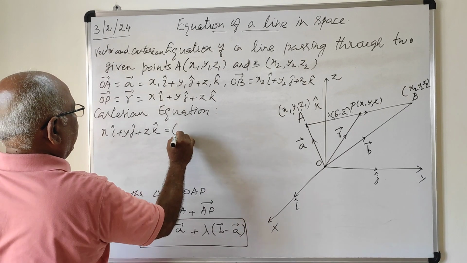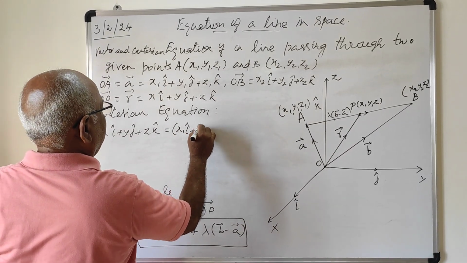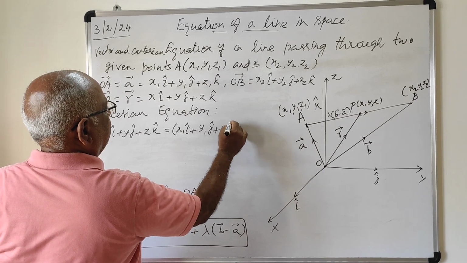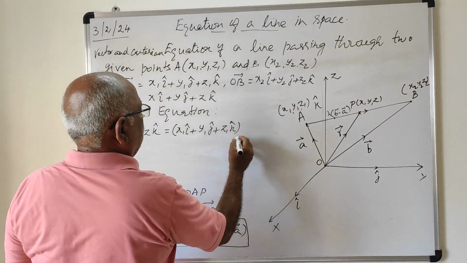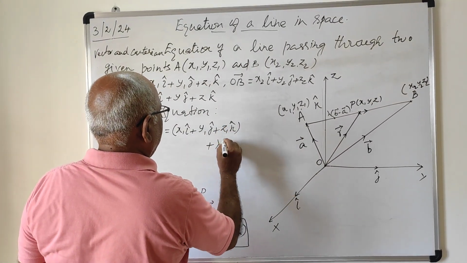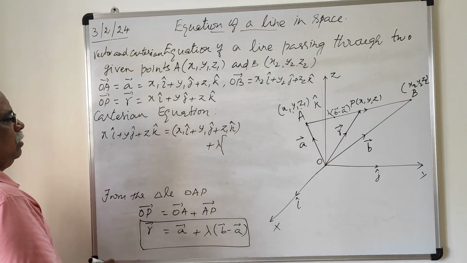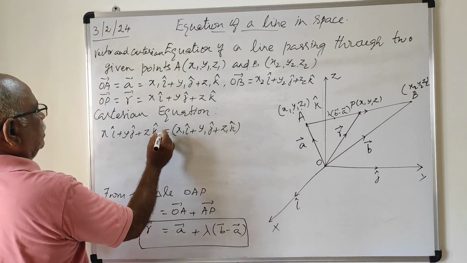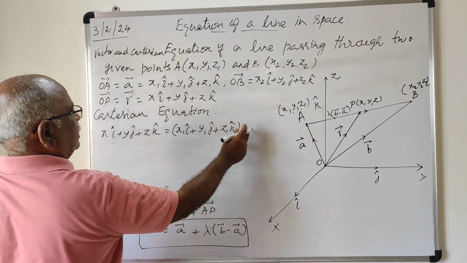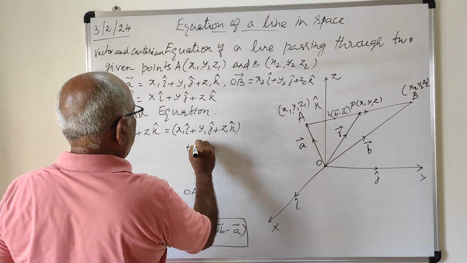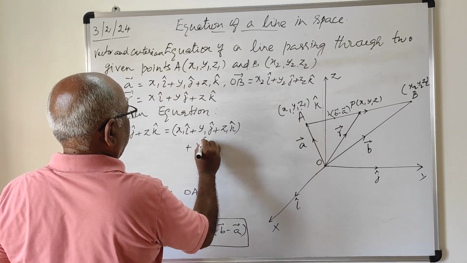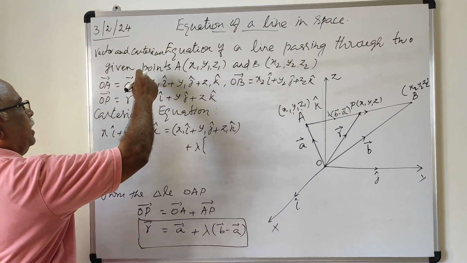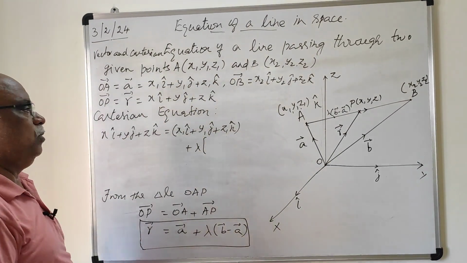R vector equals A plus lambda times B minus A, where A vector is x1i plus y1j plus z1k, and B vector is x2i plus y2j plus z2k.